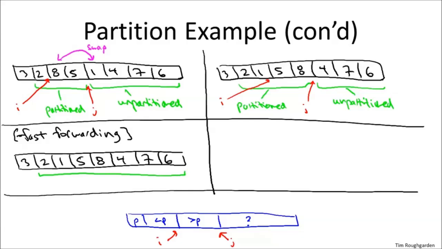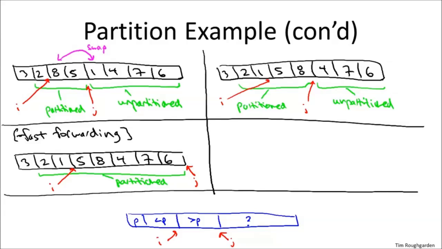Now, we're not quite done because the pivot element 3 is not in the correct place. Remember, what we're aiming for is an array where everything less than the pivot is to the left of it, and everything bigger than the pivot is to the right, but right now the pivot still is hanging out in the first element. So we just have to swap that into the correct place. Where's the correct place? Well, it's going to be the rightmost element which is smaller than the pivot, so in this case, the 1.